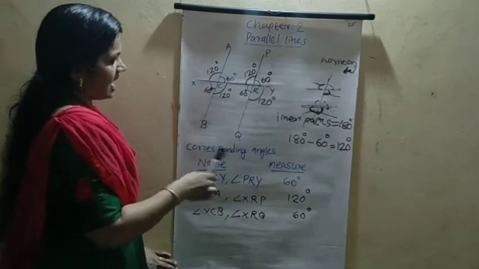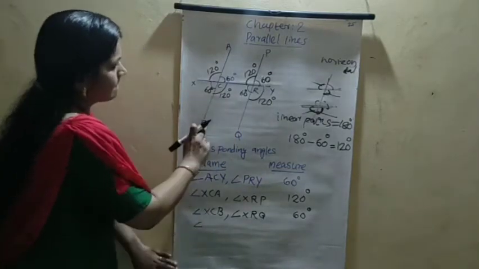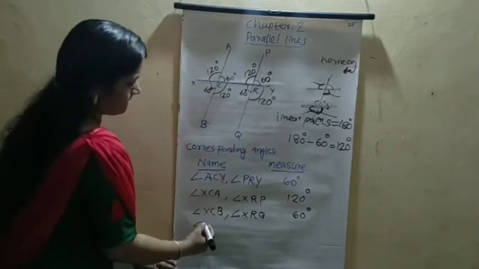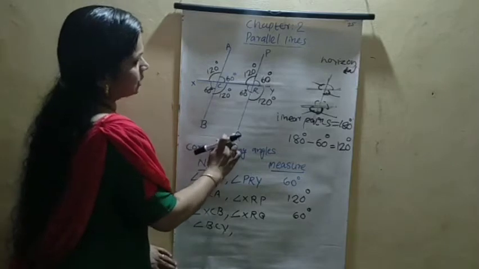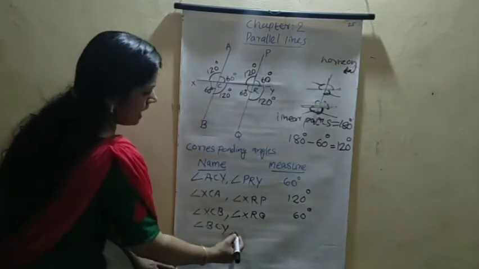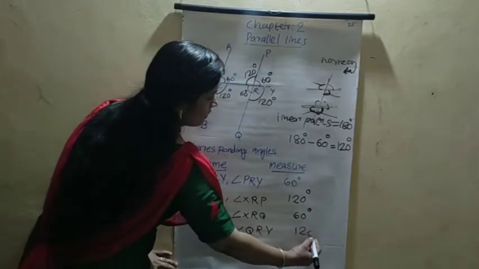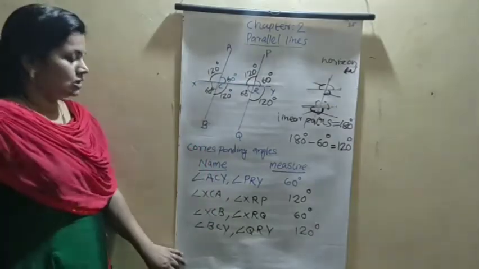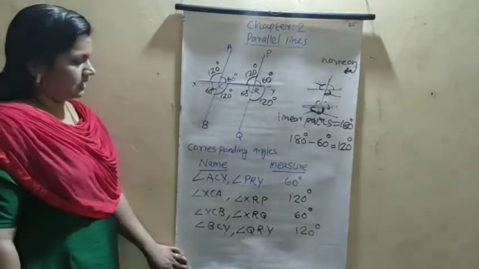Next one is angle BCY and angle QRY. Angle QRY is equal to 120 degrees. So we can finish the four pairs of corresponding angles.